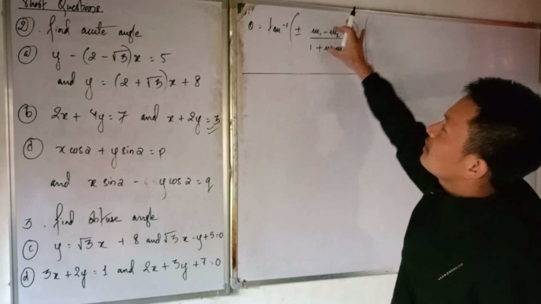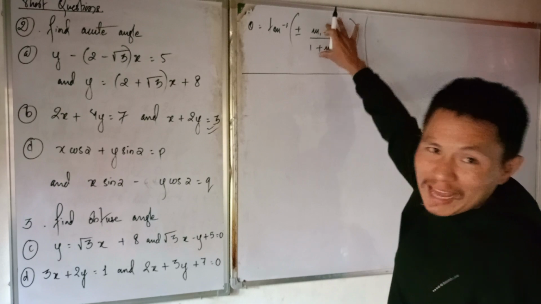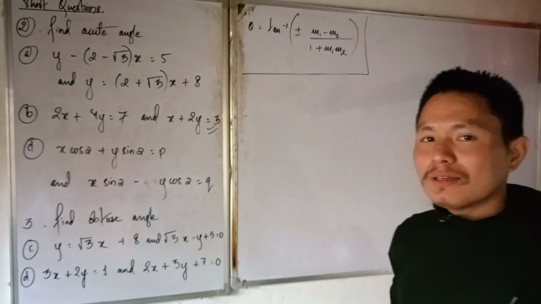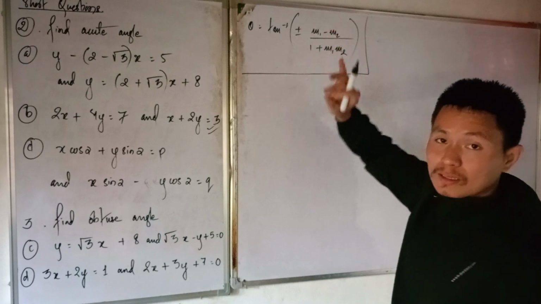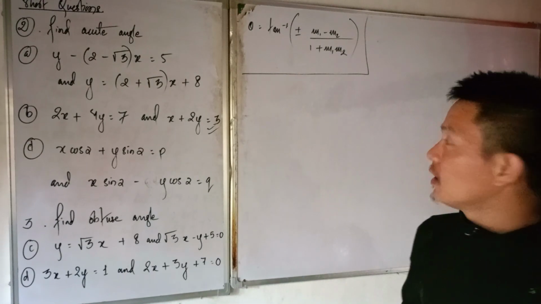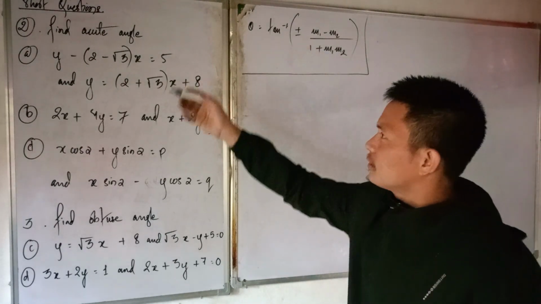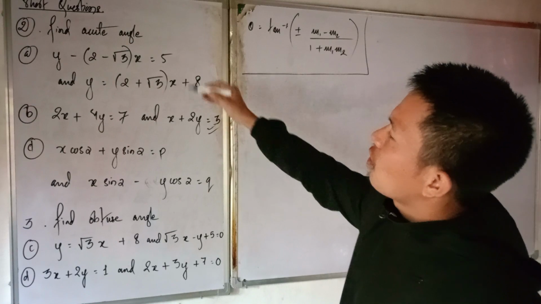After simplification, if the value inside becomes positive, that gives you the acute angle. If the value inside is negative, that gives you the obtuse angle. Let's explain with an example by solving this sample.